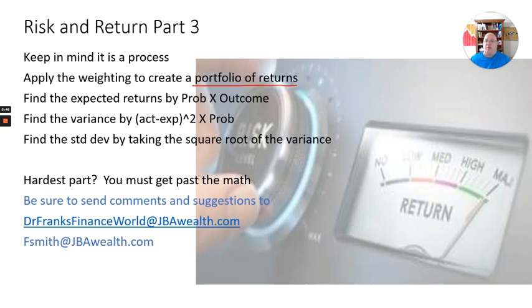The hardest part, honestly, is you must get past the math. I try to tell you that it's a process up here so you understand it. You may be prisoner to the math, but ultimately if you understand a process like this, you are going to be way better off when it comes to doing problems out there. Practice it as a process.